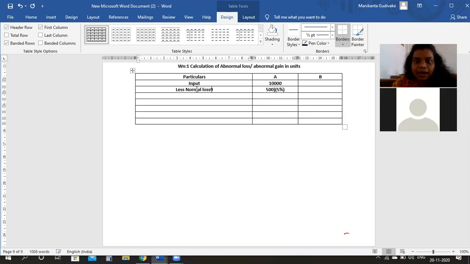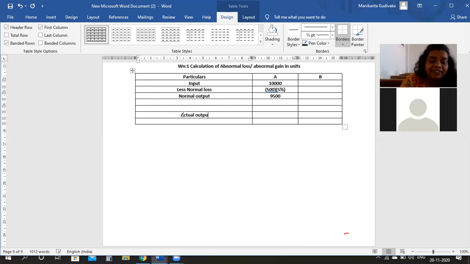So my normal output after subtraction is 9,500. I don't know whether we will have abnormal loss or abnormal gain. Does normal output need to be compared with actual output?